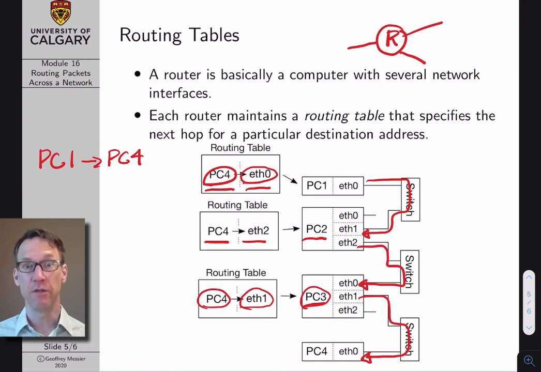But at this point, you should have a bunch of questions about how this works. Namely, number one, how do we populate these routing tables with information? How is it that every router on the internet just happens to perfectly know what to do with every single packet?